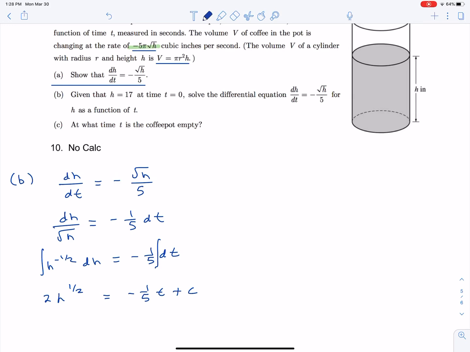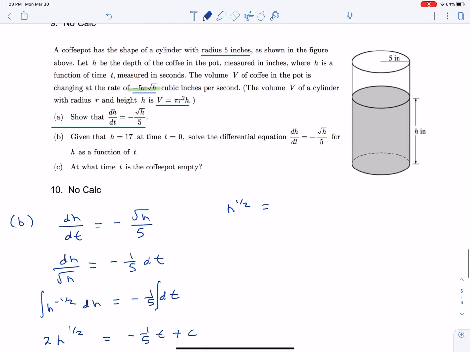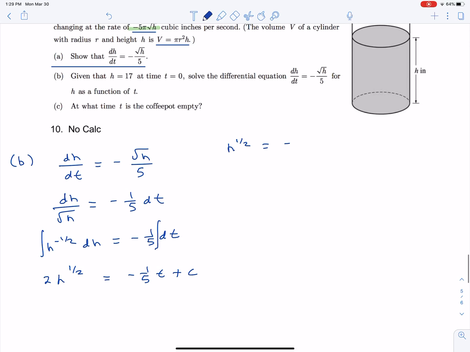I divide both sides by 2, so I get h to the 1/2 equals negative 1/10 t plus c. A constant divided by 2 is still a constant, just some other constant, so I'm just going to call it c. Then I square both sides, so I get h equals this stuff.